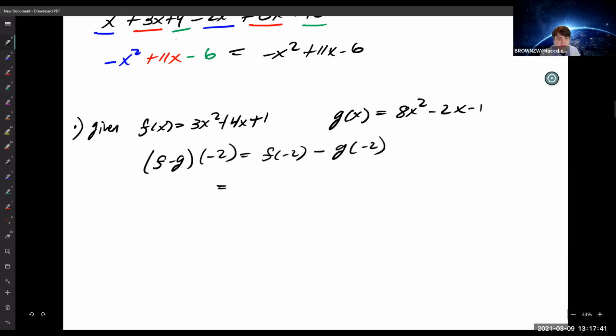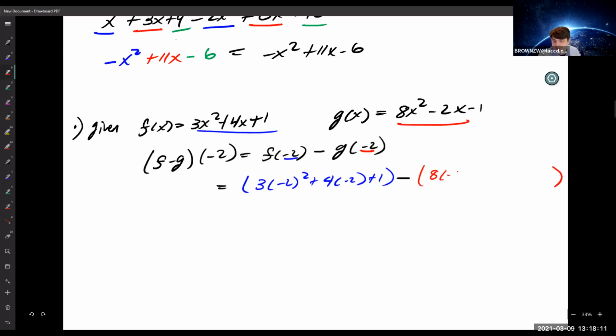So that just means that we're going to plug in negative 2 into my f. So here's what that looks like. That would be 3 times negative 2 squared plus 4 times negative 2 plus 1. And then from that, we're going to subtract, once again in parentheses, be careful with that, plugging in negative 2 into this expression.